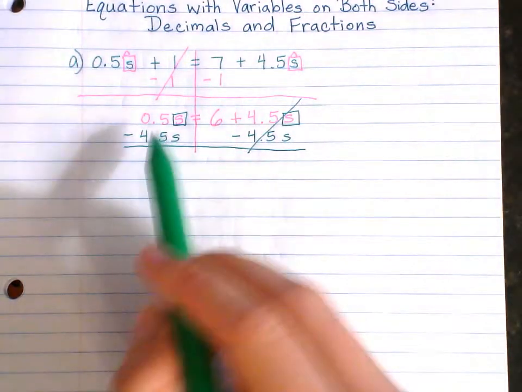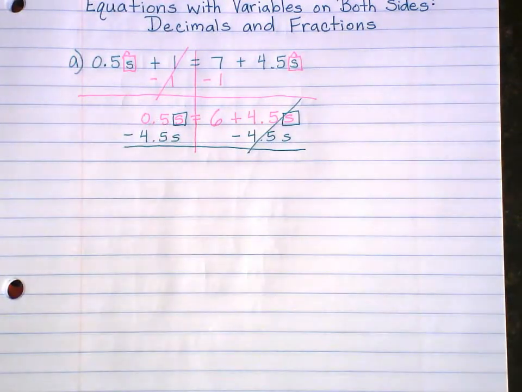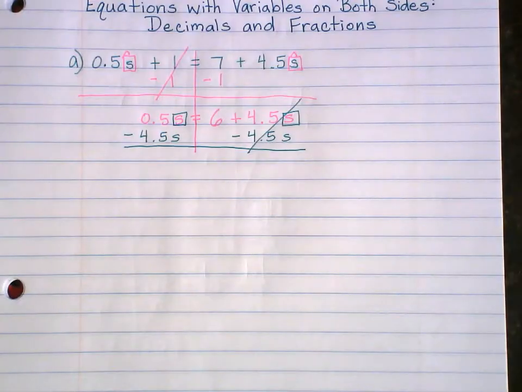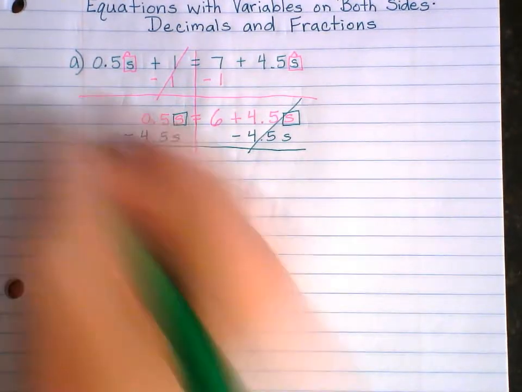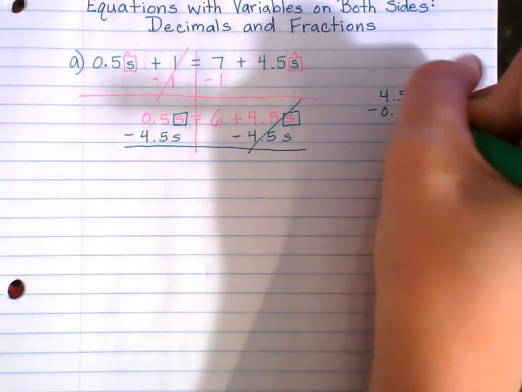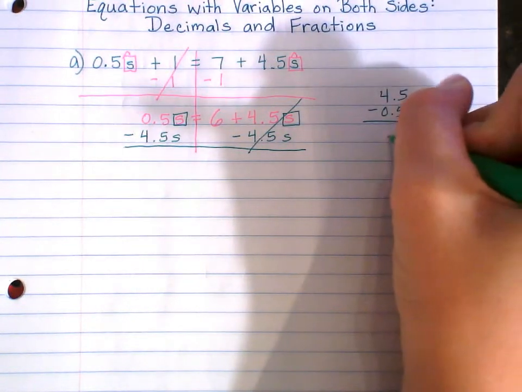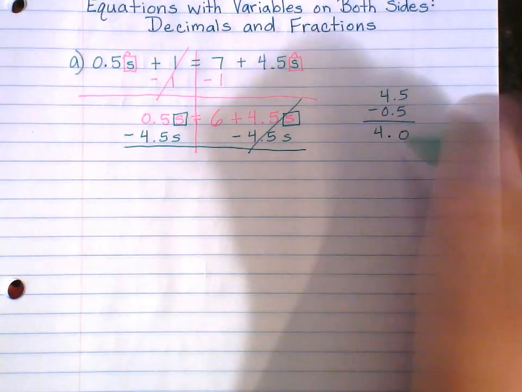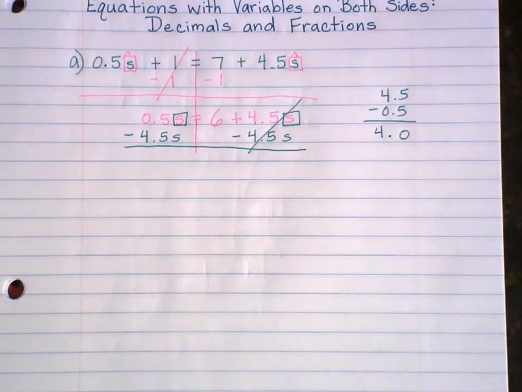Same signs add, different signs subtract. These are different signs. One's negative and one's positive. So when they're different signs, you subtract them. I'll do that over here. 4.5 minus 0.5. Bring the decimal straight down. 5 minus 5 is 0. 4 minus nothing is 4. So it's 4.0, which is the same as 4.